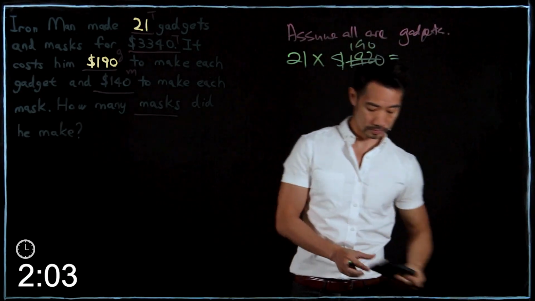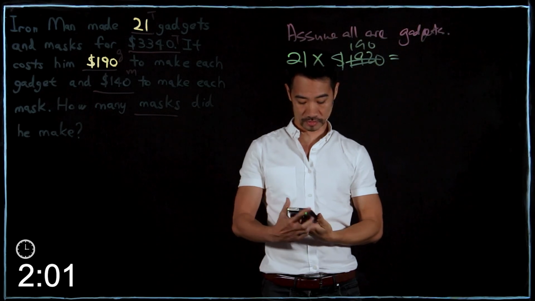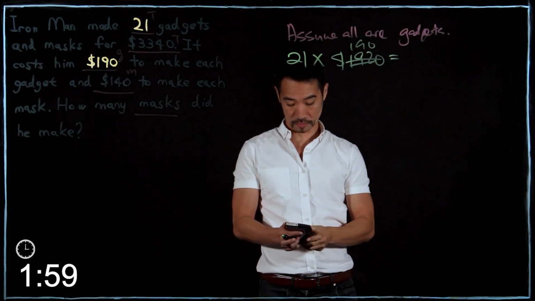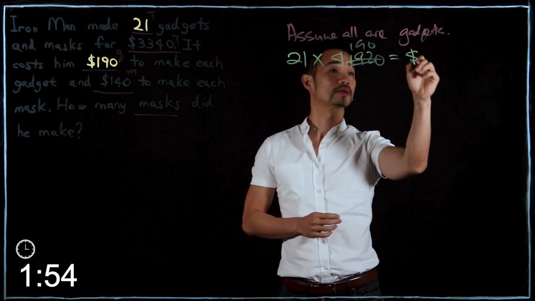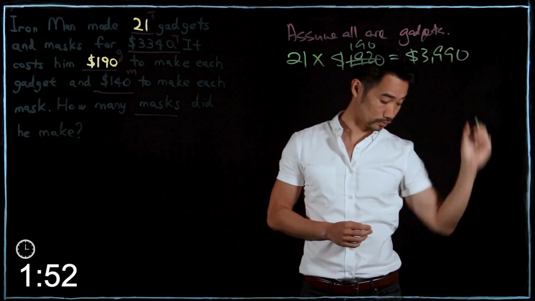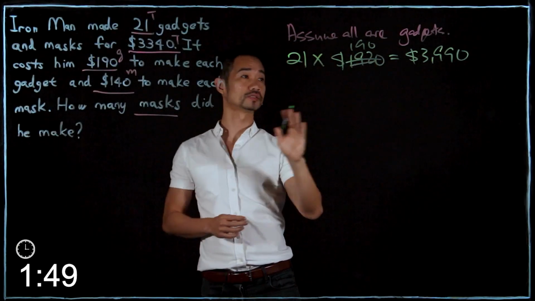So 21 multiplied by 190. Let me check. 21 multiplied by 190. So it's 3990.